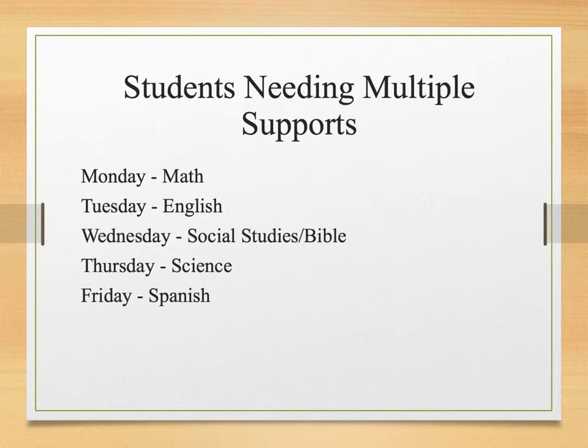Now, this doesn't work perfectly, obviously, because if a student does need help in science and Spanish and it's a Tuesday, neither one of those subject areas is a priority on that particular day. So we're going to have to communicate with one another as teachers to make sure that students are going where they need to go during that support time. What we're going to work on is creating a Google Doc of sorts to make sure we have that information and share that information amongst ourselves.